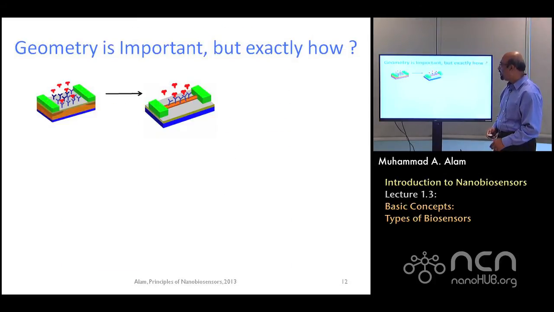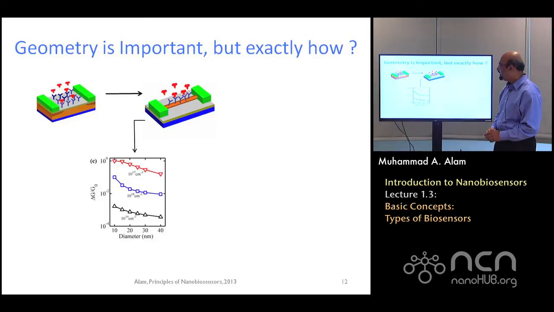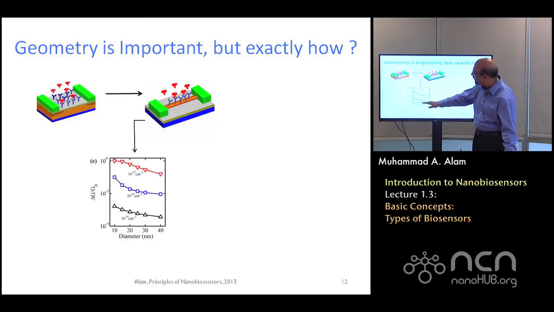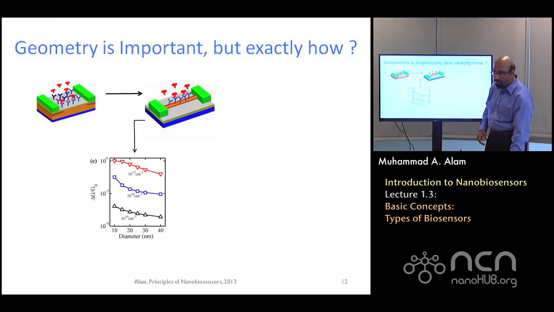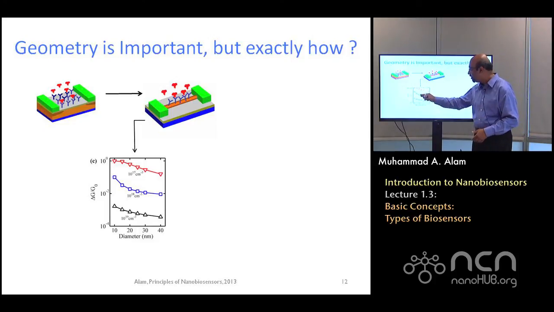So the important point I want to make is that the geometry of electrostatics, how the conduction gets choked off, is important, and the surface to volume ratio is important as a factor here.